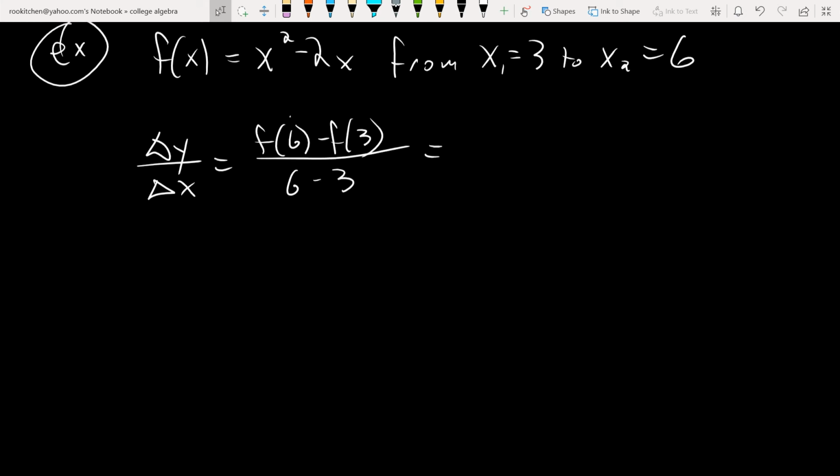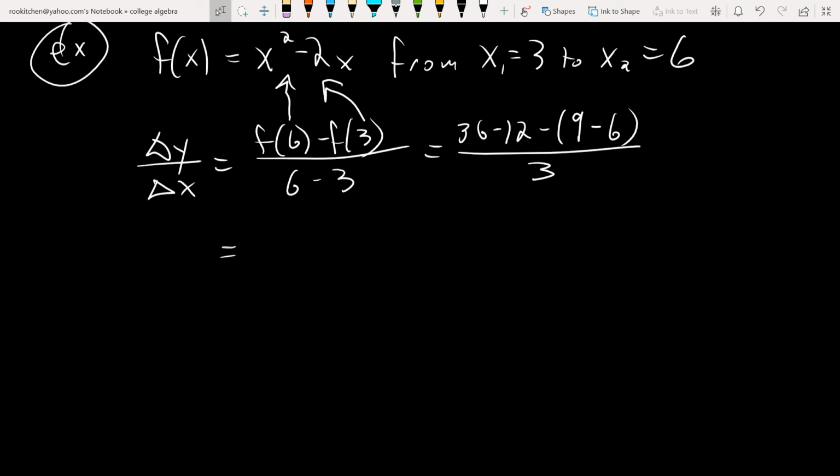Plugging 6 in, that would be 36 minus 2 times 6, which is 12, minus, plug 3 in, so 3 squared is 9, minus 2 times 3, which is 6, and all over 6 minus 3, which is 3. So I need some order of operations here. 36 minus 12 is 24, minus 9 minus 6, which is 3, over 3. So you get 21 over 3, which is 7.